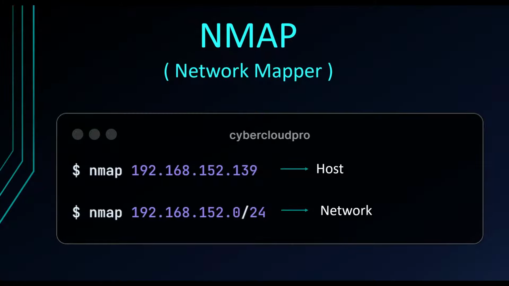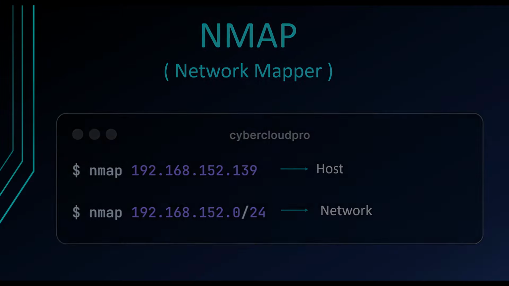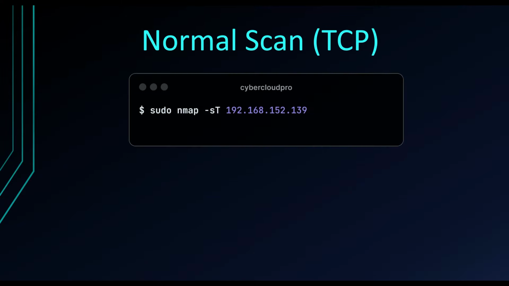So this is a basic command to do an Nmap scan on a specific host or a specific network. Let's start with the Nmap TCP scan, or the normal scan that we do with Nmap: sudo nmap -sT and the IP address of the target machine, or you can use a network address for a network scan.